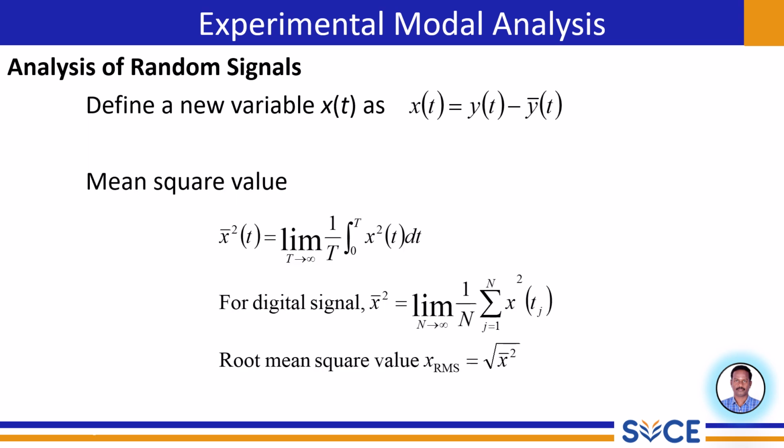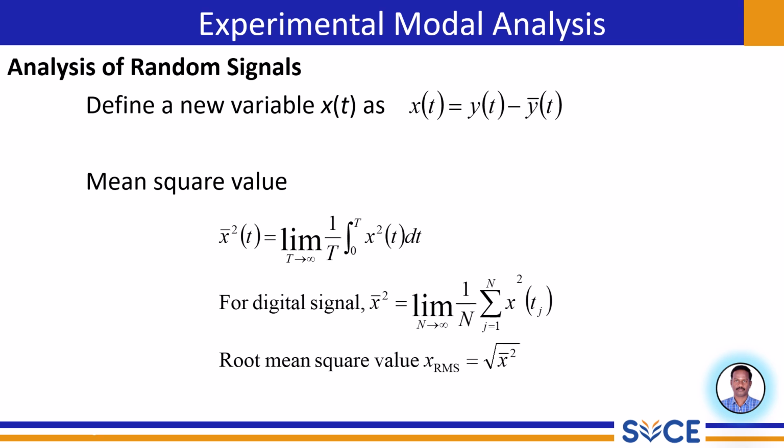Alright, continuing our discussion on the analysis of random signals, here we introduce the concept of the mean square value and root mean square value, which are important for quantifying the power or intensity of a fluctuating signal. To analyze the fluctuating part of a random signal, it is often useful to remove its average value first.